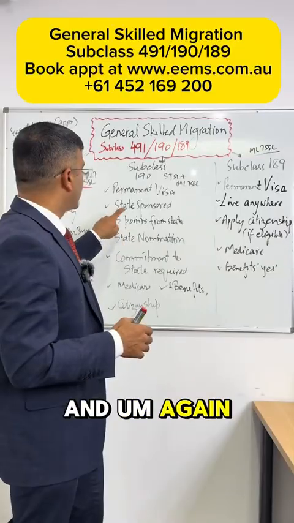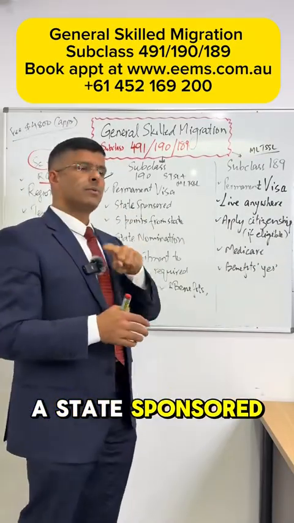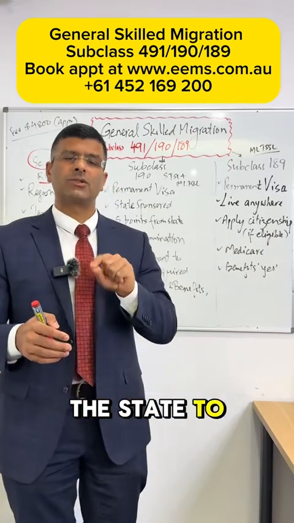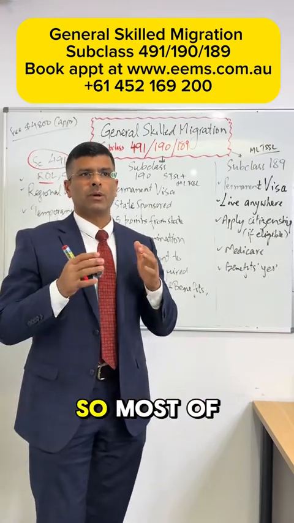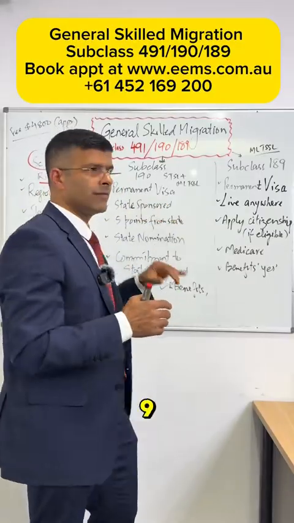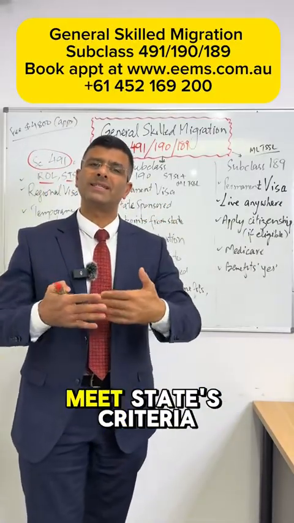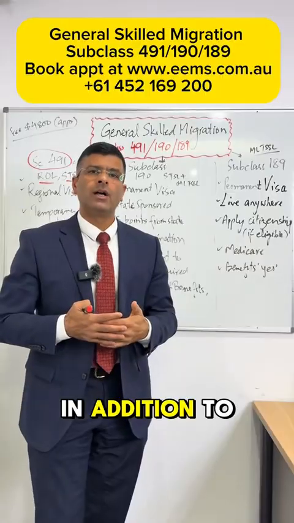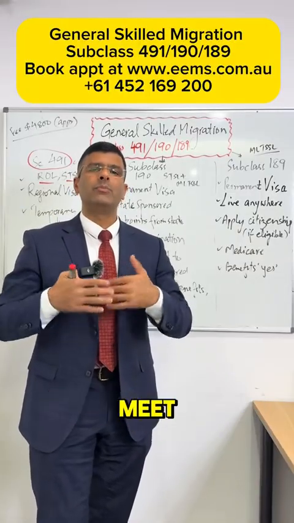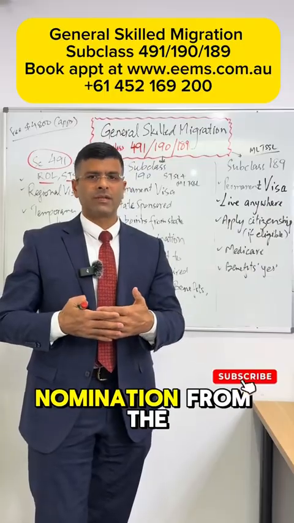And again, because this is a state sponsored visa, you require a nomination from the state to get this visa. Most of the state sponsored visas such as 190 and 491 would also require you to meet the state's criteria in addition to the Department of Home Affairs criteria to get that nomination from the state.